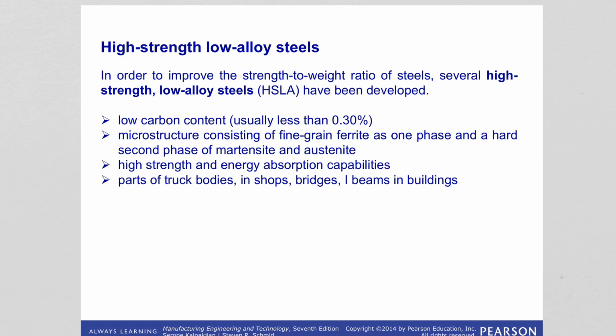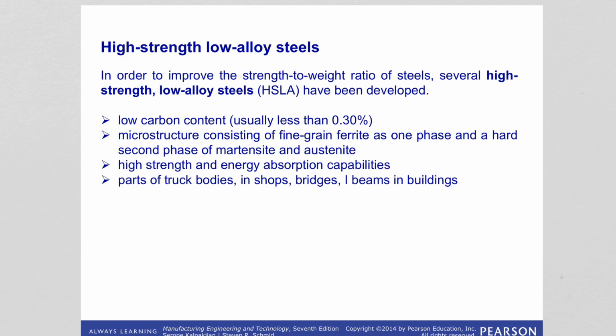Alloying elements such as chromium, manganese, molybdenum, nickel can be added, and their combinations, of course, or maybe one or more, depending on what type of structure and what type of properties you want.